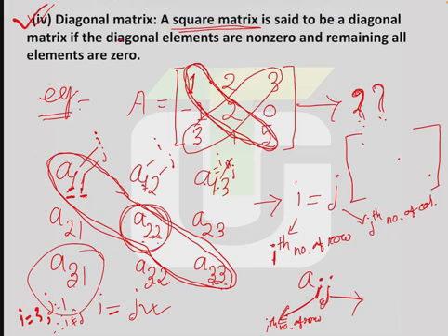Suppose 5, 7, 10, and the remaining all elements are 0, 0, 0, 0. This type of matrix is called a diagonal matrix. ऐसे टाइप की मैट्रिक्स को क्या डायगोनल मैट्रिक्स कहा जाता है, जहाँ पे डायगोनल एलिमेंट में नॉन जीरो है, दैट मीन जीरो नहीं है और बाकी सब जीरो है. सो दिस टाइप ऑफ मैट्रिक्स आर कॉल्ड डायगोनल मैट्रिक्स. क्लियर?